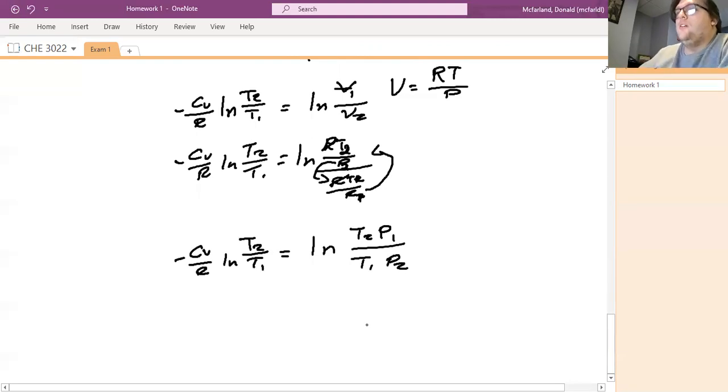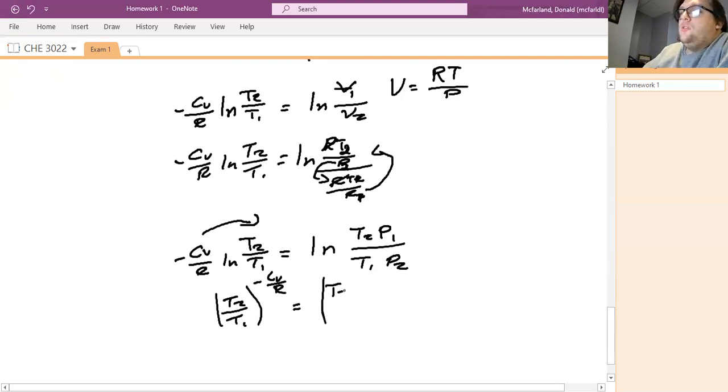Now you notice we have 2 natural logs, so let's move this to be an exponent so that we can get rid of the natural logs altogether. So you have T2 over T1 to the negative CV over R, equal to T2 over T1 times P1 over P2. Let's get all our temperatures on one side and all our pressures on the other.